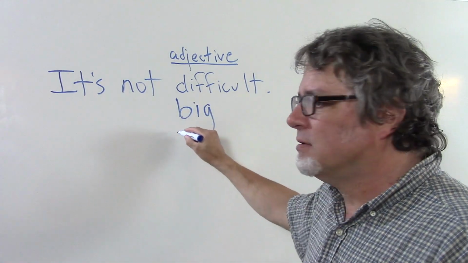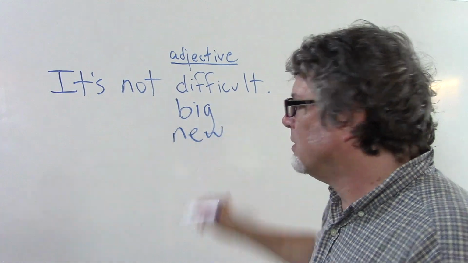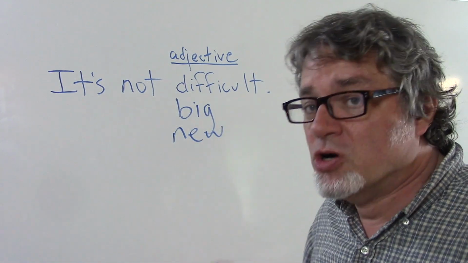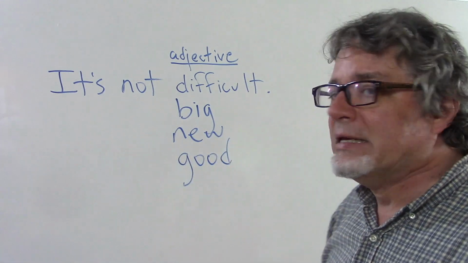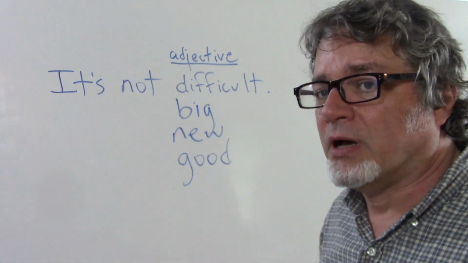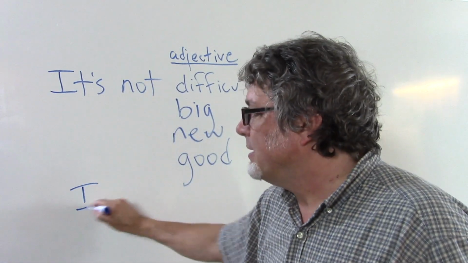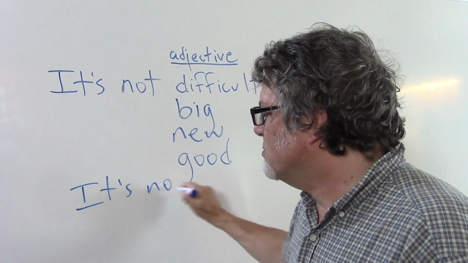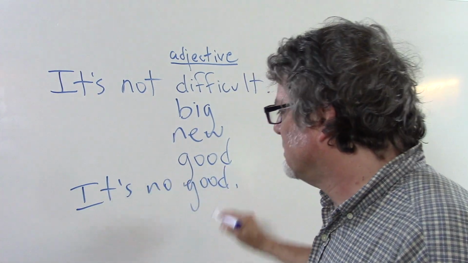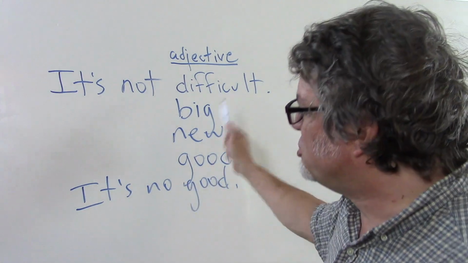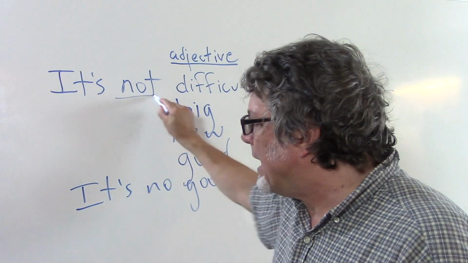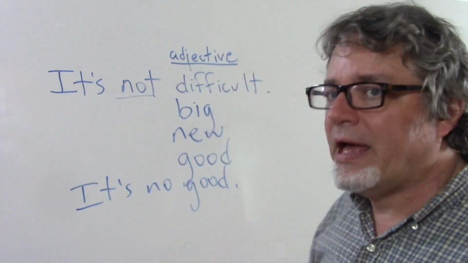It's not new. It's not good. Of course, with good, here's an exception, because it is possible to say it's no good. So there are some exceptions when it comes to this, but generally, not is used with adjectives.